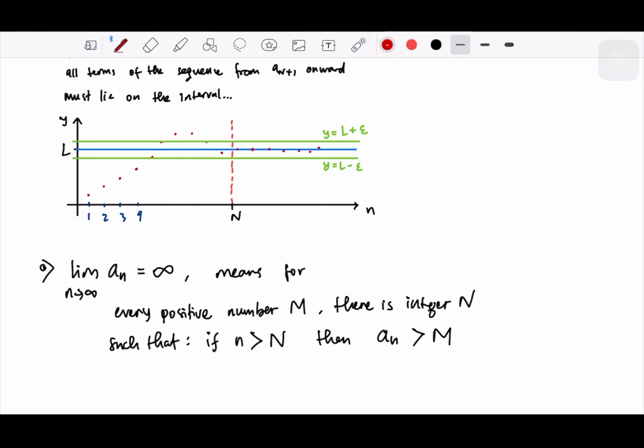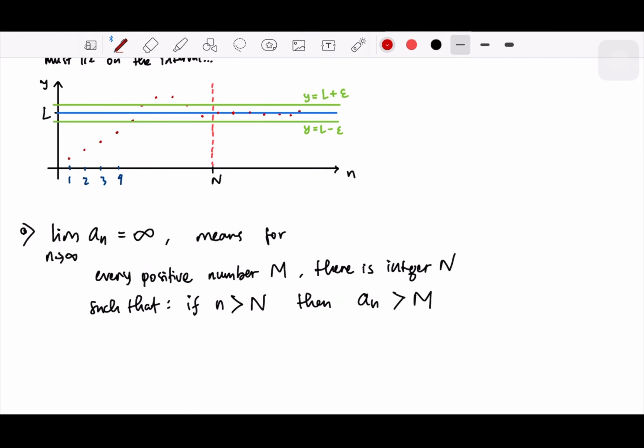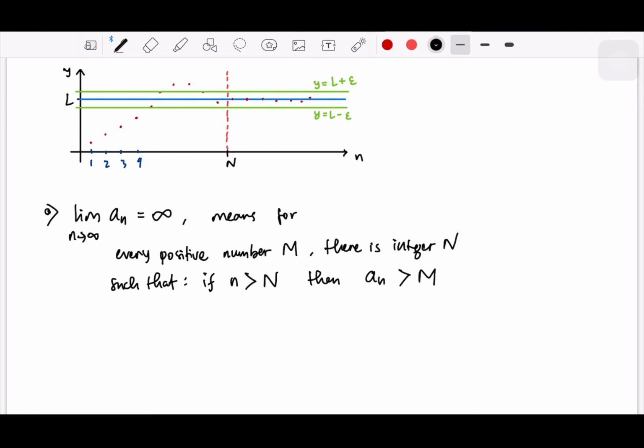Now this is analogous with the limit, that is, if we have negative infinity, it means the sequence will be smaller.